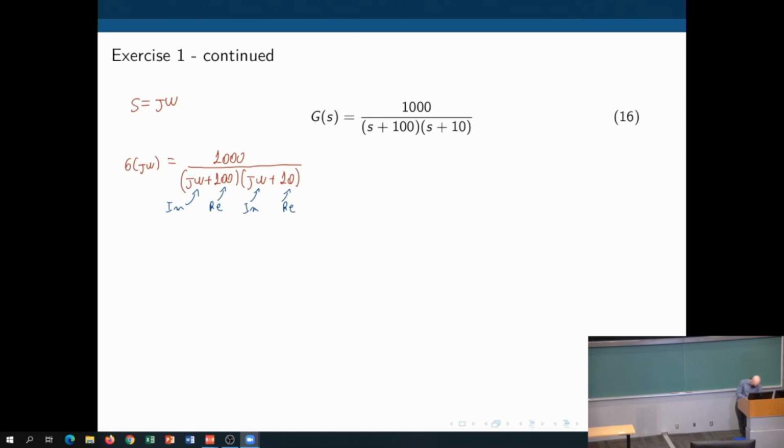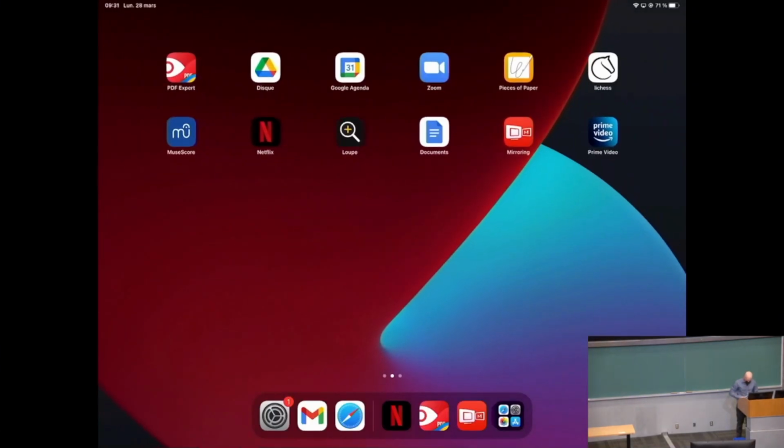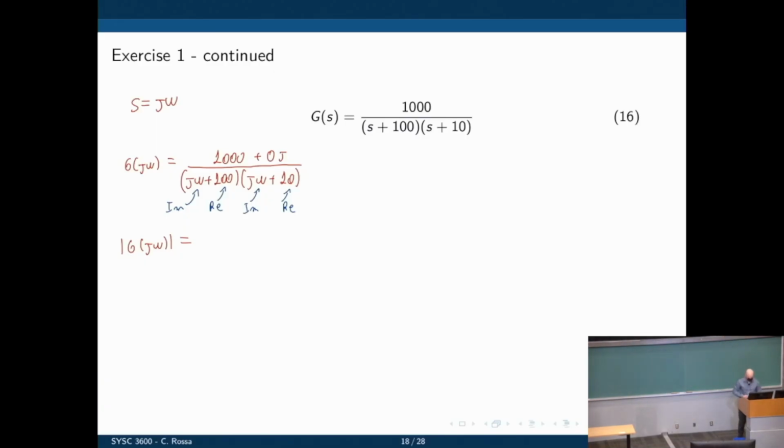Now let's write this as a function of the magnitude. So to take the magnitude of the transfer function, that is the magnitude of 1000. Let's put this as 1000 plus 0j.